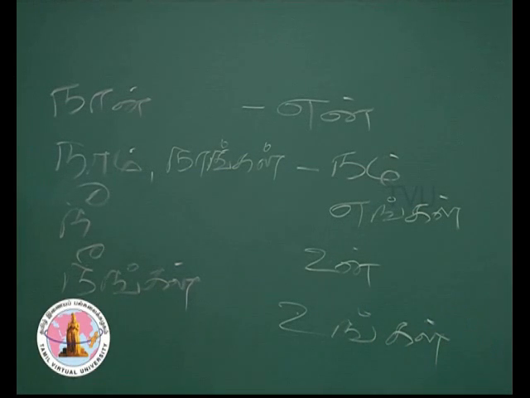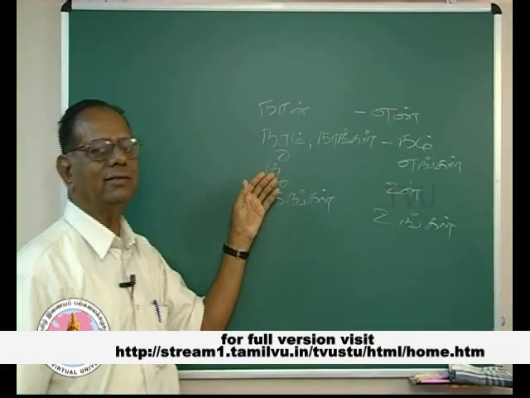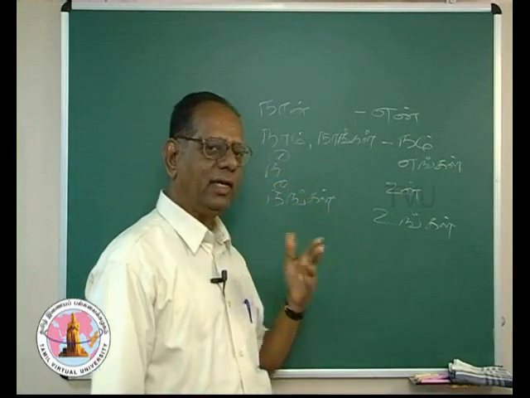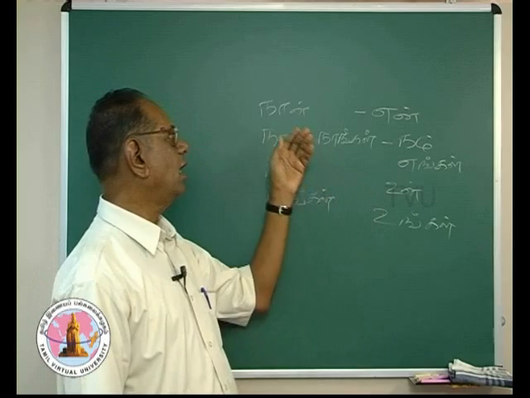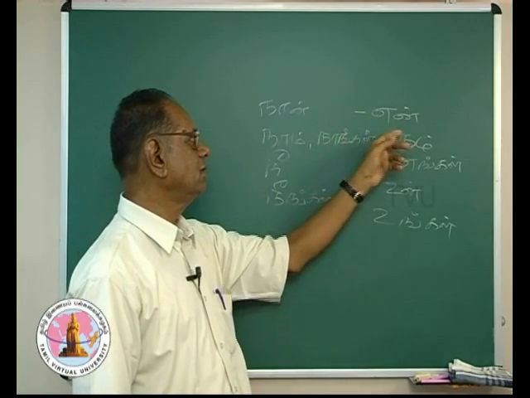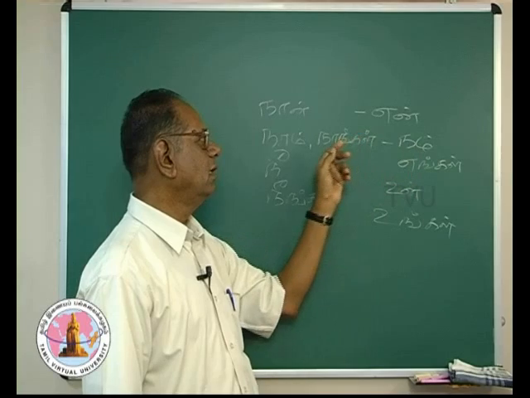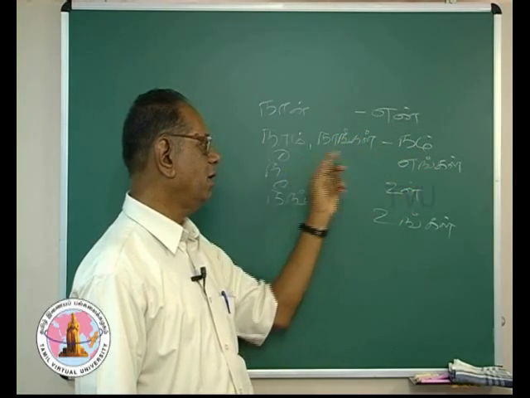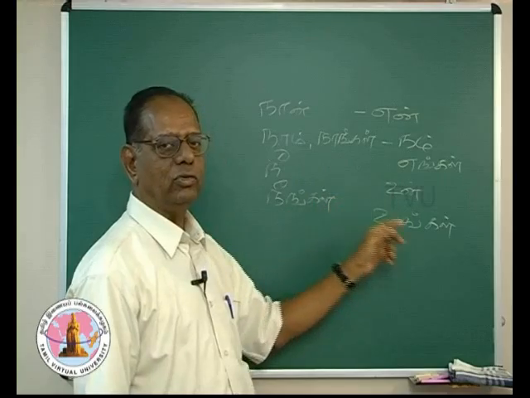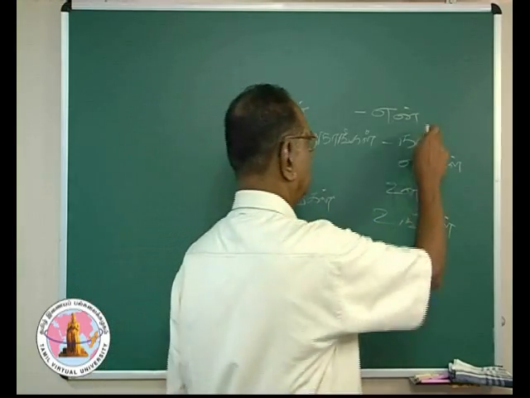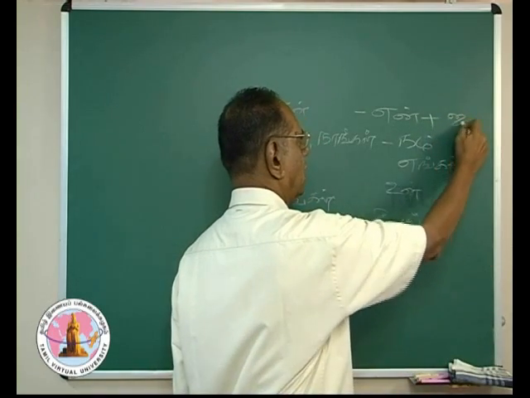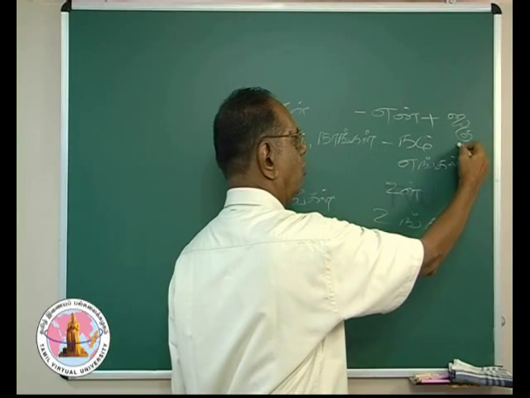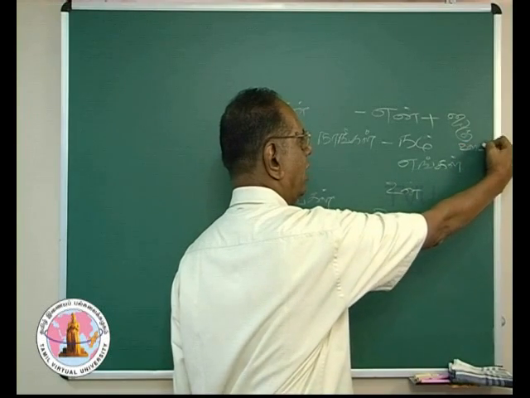Is it clear? These pronouns undergo a change first of all and then accept the case markers, whatever be the case, whether accusative, dative, genitive or whatever it is. Here we saw நான் becomes என் first, நாம் becomes நம் first, நாங்கள் becomes எங்கள், நீ becomes உன், and நீங்கள் becomes உங்கள். Then accept the case marker, whether I or who, or now we are looking at உடைய.